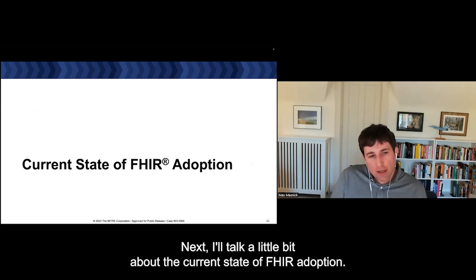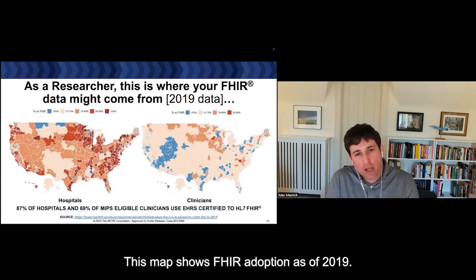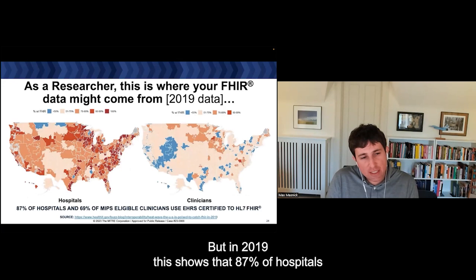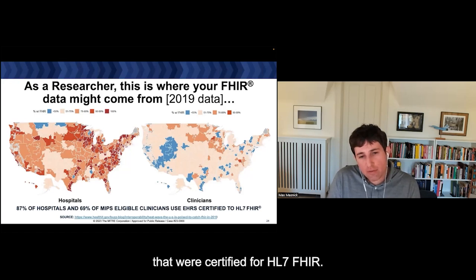All right, next I'll talk a little bit about the current state of FHIR adoption. This map shows FHIR adoption as of 2019. Unfortunately, there's not a more up-to-date map available, but in 2019, this shows that 87% of hospitals and 69% of clinicians use EHRs that were certified for HL7 FHIR.